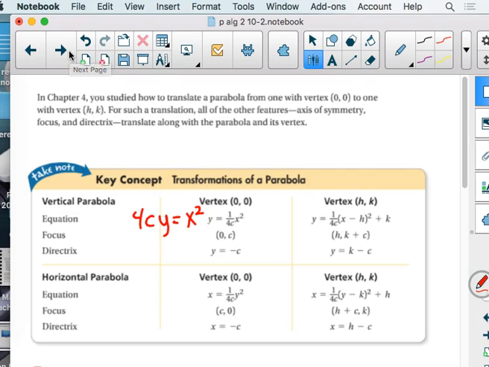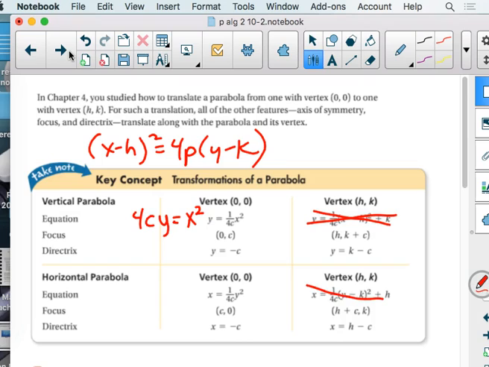But all the times that I have studied math over all of these years, this is the first book I've ever seen that doesn't use p as the value for parabolas from focus to the vertex. So let's just stick with what you're going to see next year. So with vertical parabolas, those are the ones that are going up and down, we're going to see x minus h squared equals 4p times y minus k. So cross that off. Cross that off.